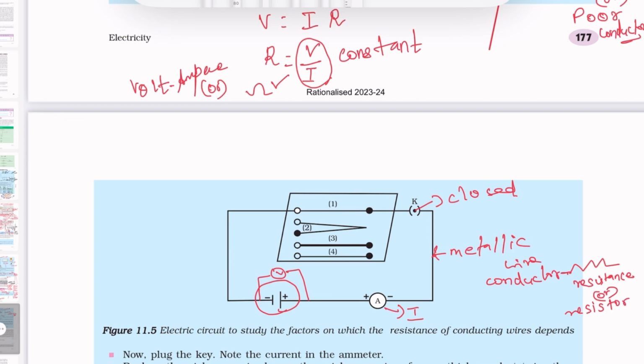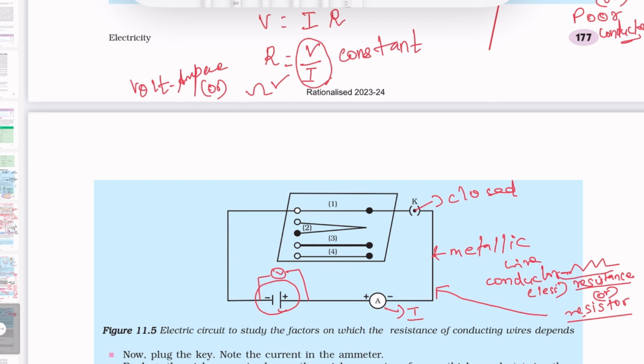If you think that this metallic wire itself is going to give a resistance, but that resistance will be very less, and I want more resistance, what is the option for me? I will take a resistor and fix it in the circuit. This resistor is nothing but a device which gives me the resistance. So for the resistance and the resistor, the same symbol is used.